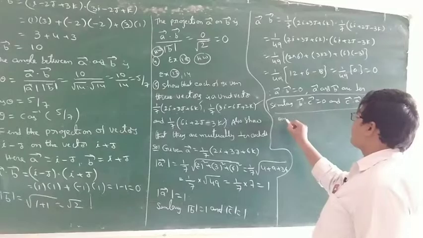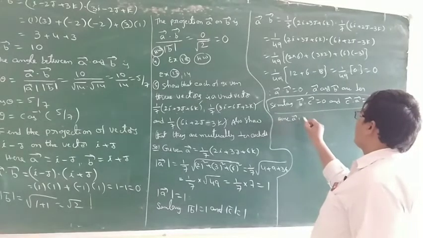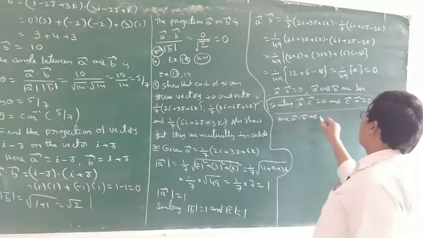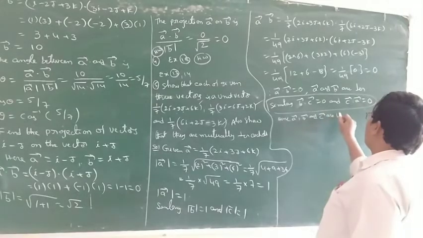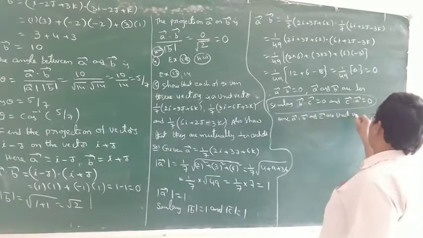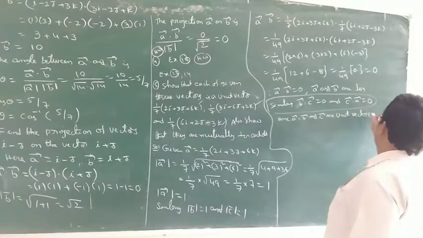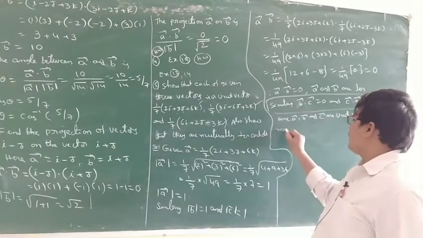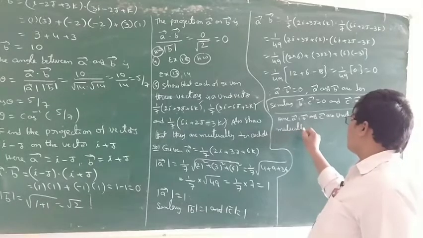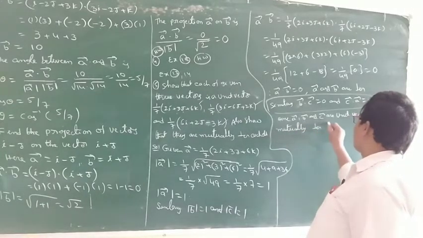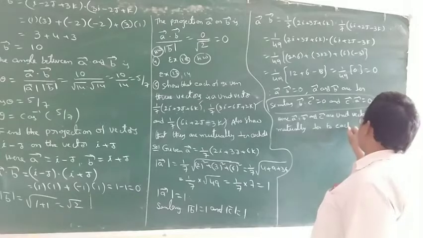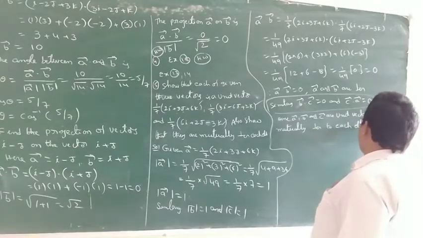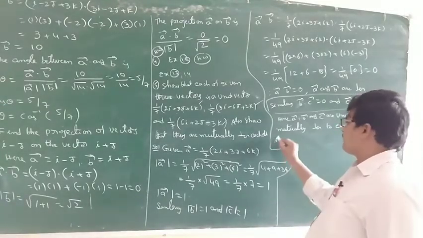Hence a bar, b bar and c bar are unit vectors and mutually perpendicular to each other.